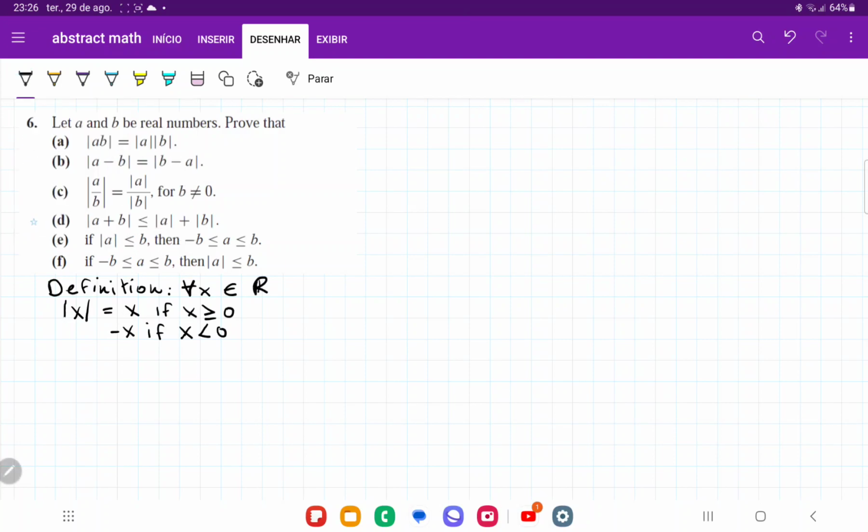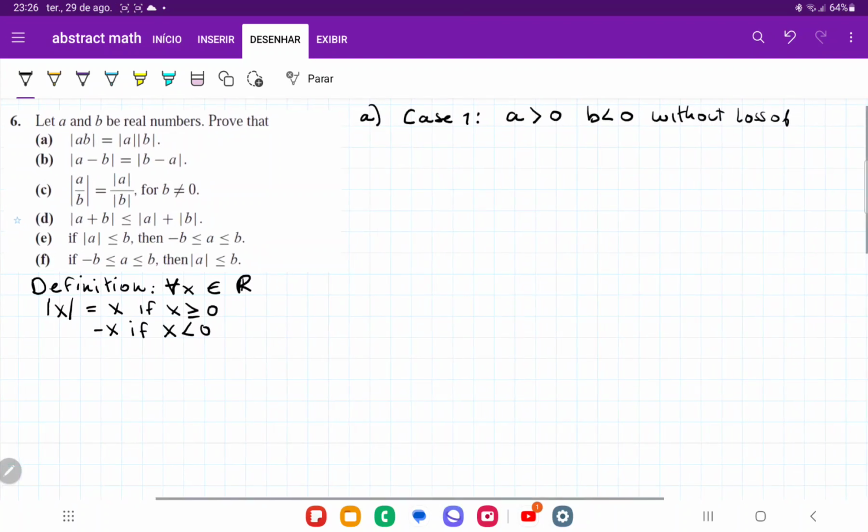So for A, we want to prove that the absolute value of AB is equal to the absolute value of A times the absolute value of B. Because the absolute value is different when the numbers are positive or negative, we have to consider the different cases. Case 1: A is greater than 0 and B is less than 0, without loss of generality.